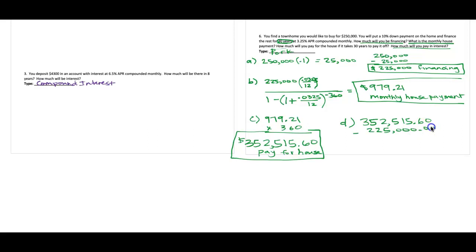All right, because that's the amount we financed. Okay, so I've got 127,515.60. So that's a lot of interest to pay, right?